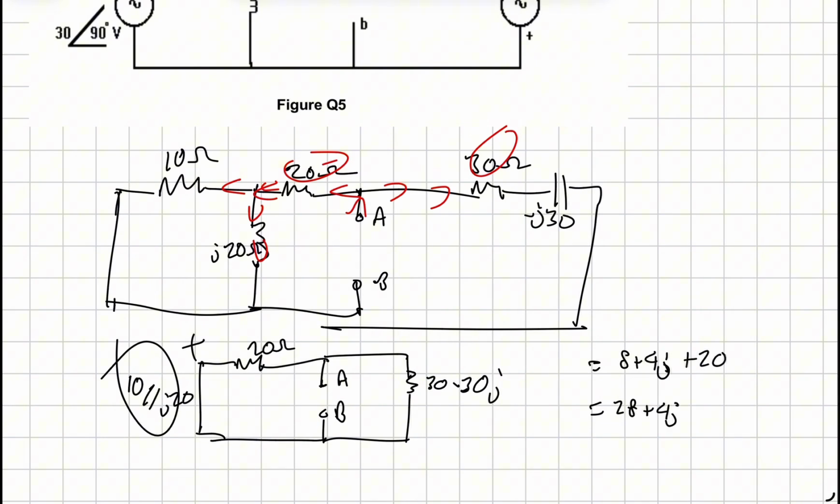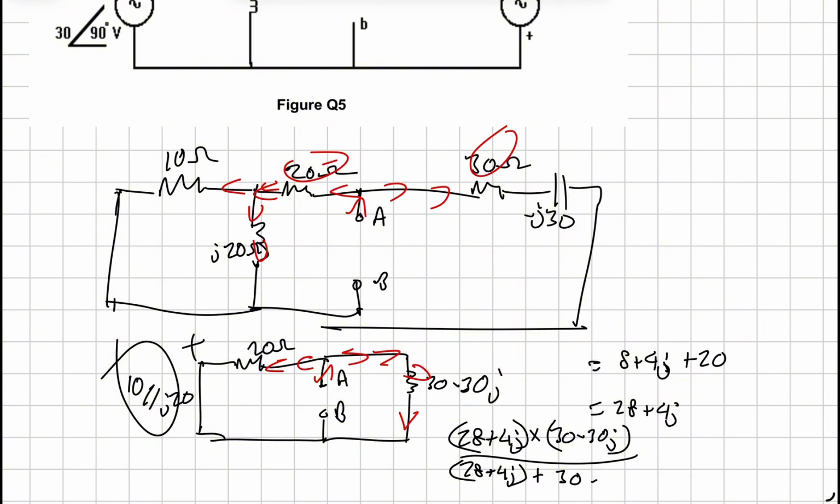And then you just remember, these are in parallel as well. So you just need to do a parallel circuit and another parallel circuit. So a parallel circuit with another resistor, then make that parallel with the other set of resistors. So it would be 28 plus 4J times 30 minus 30J over 28 plus 4J plus 30 minus 30J.